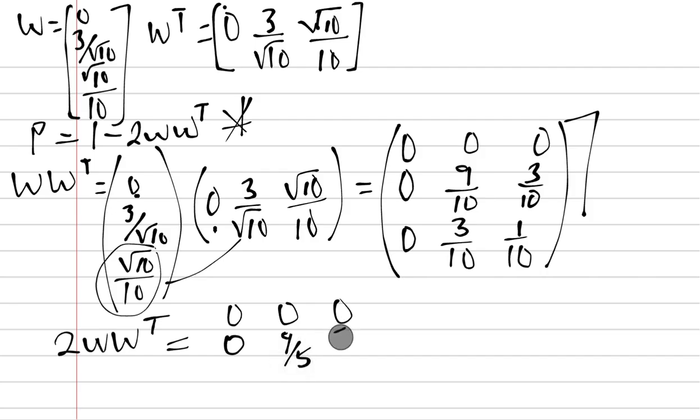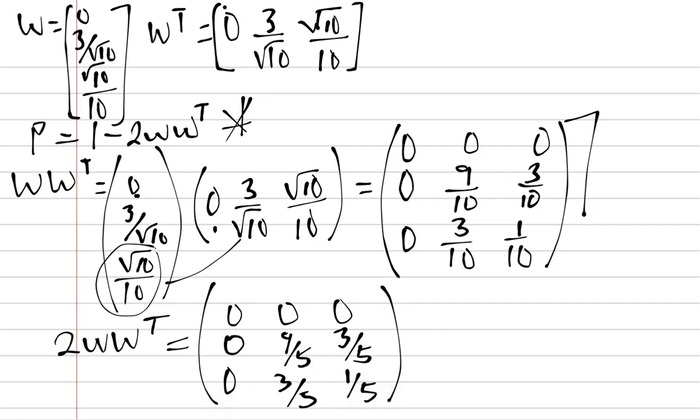Then this will be 3 over 5. This will be 0. This will be 3 over 5. And this will be 1 over 5. Do you copy that now?